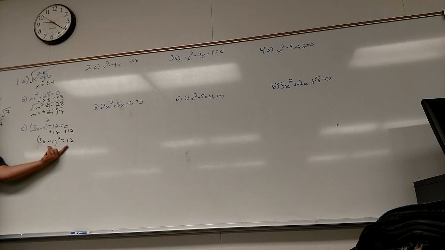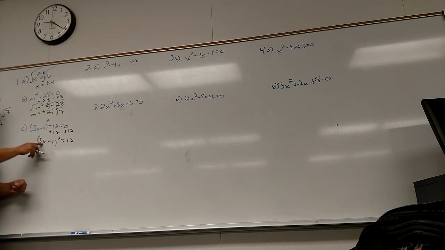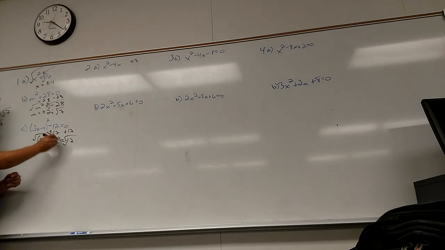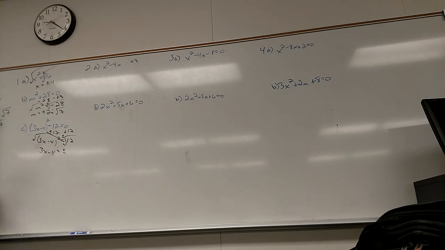Here, now I'm at the step where I can square root both sides. Right. Somebody's already completed the square for me, which is really nice. So square root, 3x minus 4, plus or minus, rad 12, of course, is rad 4 times rad 3.